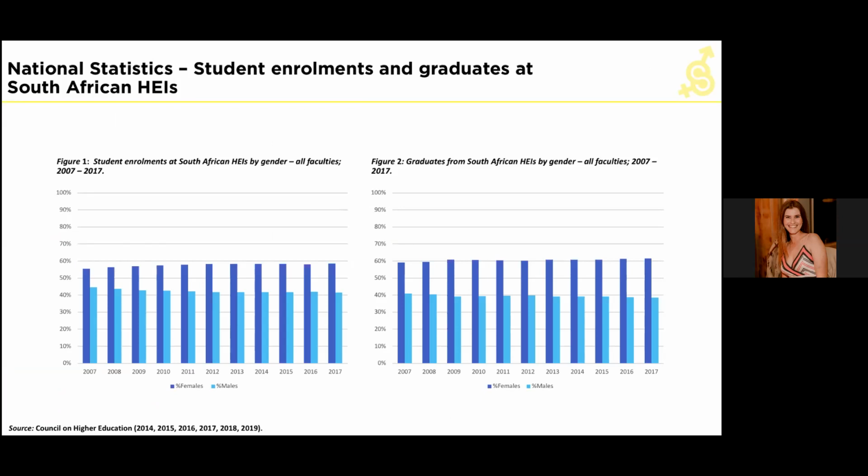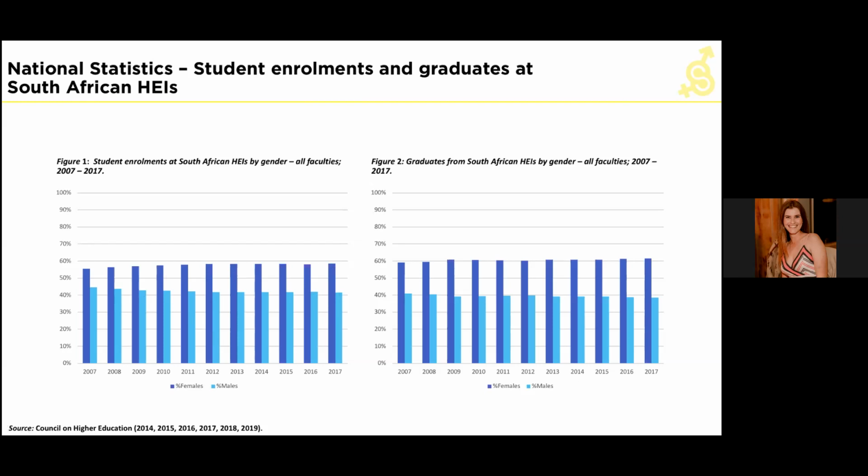Both male and female enrollments grew in numbers over this period. However, female enrollments grew at a faster rate than for males, thus increasing female enrollment as a proportion of total student enrollments by an average of 0.3 percentage points annually over this period. We can see the slight gradual increase here and decrease there.